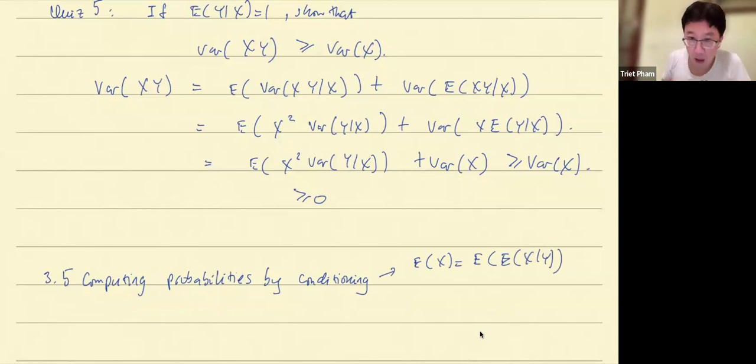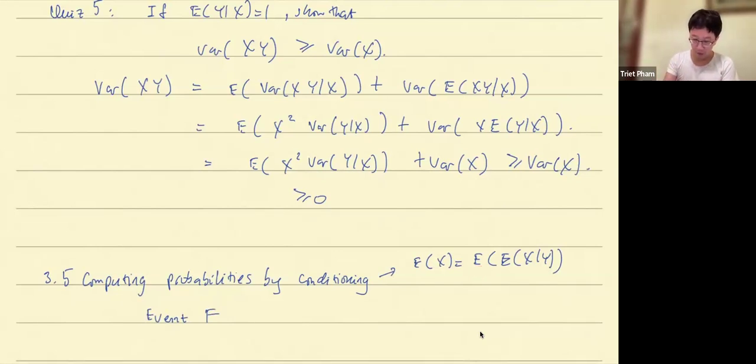So here's the thing. First of all, the only thing to note is that when you have an event, let's call it the event F, just not to confuse with E being used as expectation.